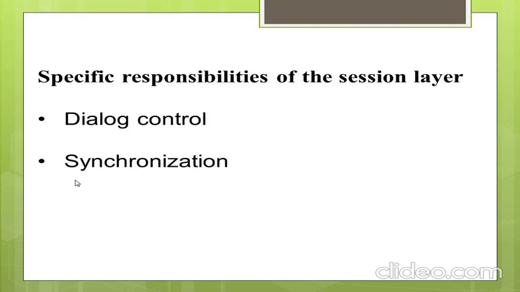Suppose there is some crash during the transmission at page 622. The only pages that need to be resent after recovery are the pages from 601 to 622. The previous pages need not be sent. So this is the responsibility of the session layer.